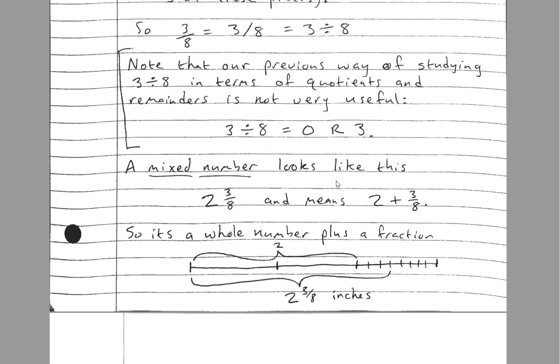What's a mixed number? That's mixing whole numbers and fractions. It might look like we're multiplying this 2 by this 3/8, but in fact this mixed number notation really means we're adding. That's a source of some confusion. So when you see a mixed number like this, it really means we're adding 2 plus 3/8.